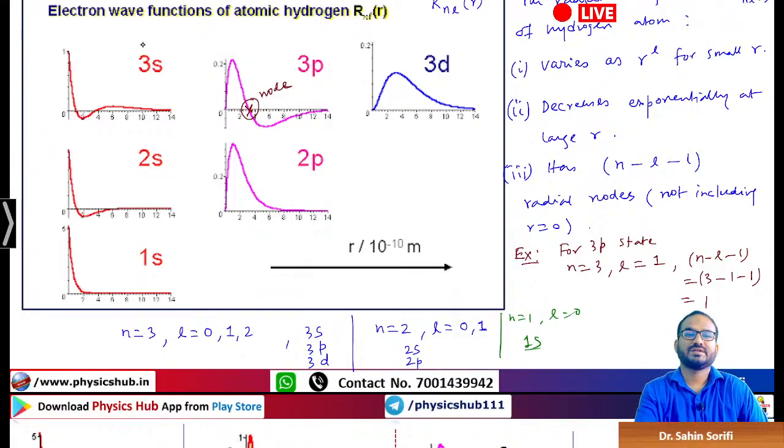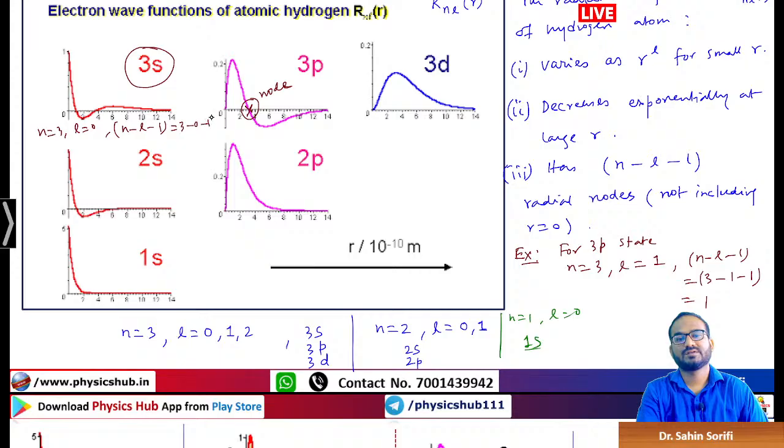Now if we calculate for 3s, for 3s n is equal to 3, L is equal to 0. So n minus L minus 1, 3 minus 0 minus 1, so 2. You can see one node is here, another node is here, 2 nodes. Understood?